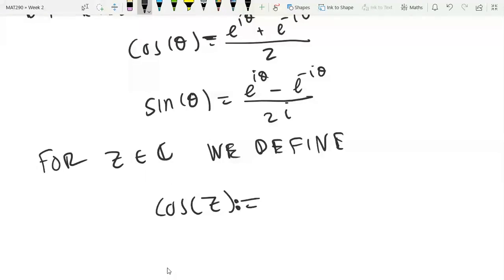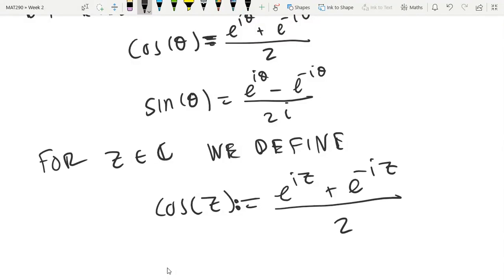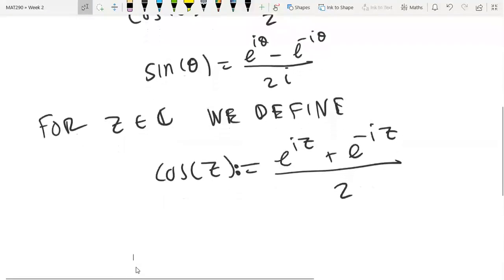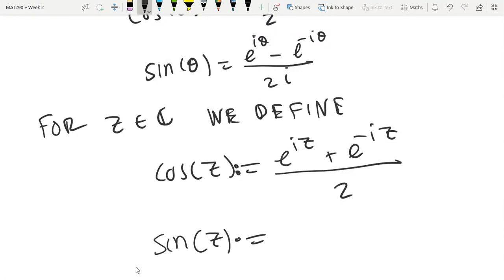That was an implication. Here we are defining: cosine z is e to the iz plus e to the minus iz, over 2. And sine z is defined as e to the iz minus e to the minus iz, over 2i.